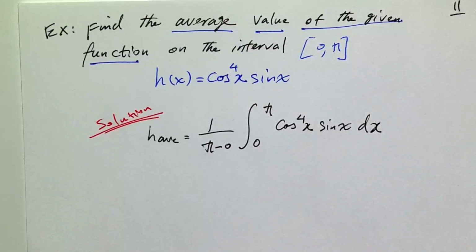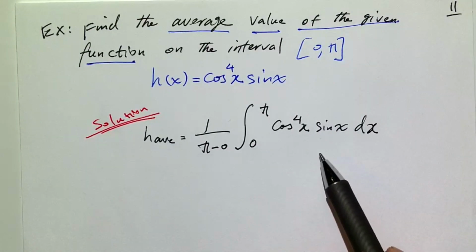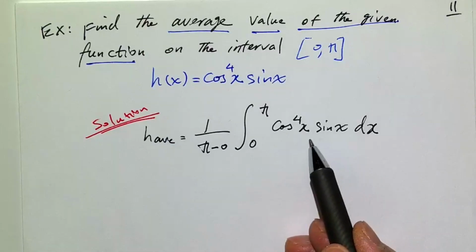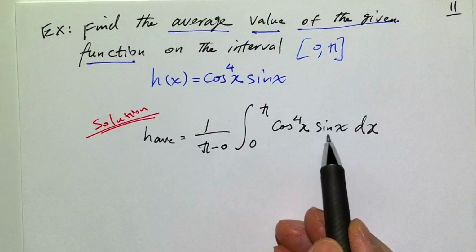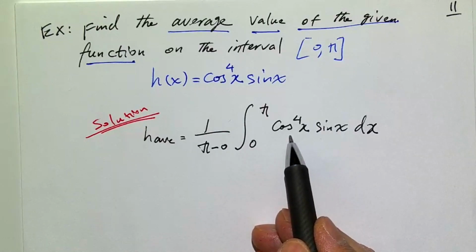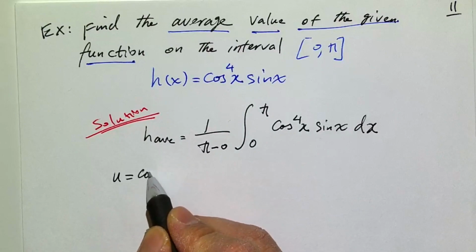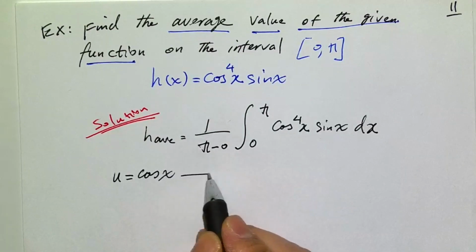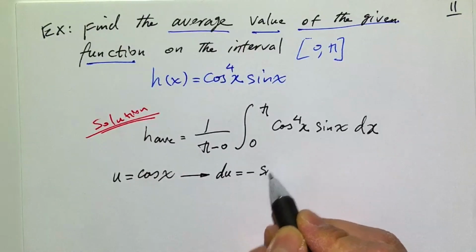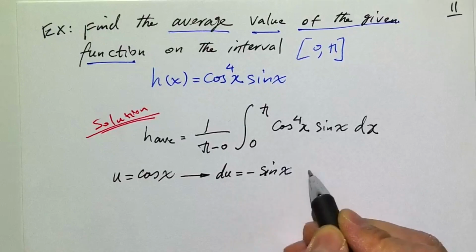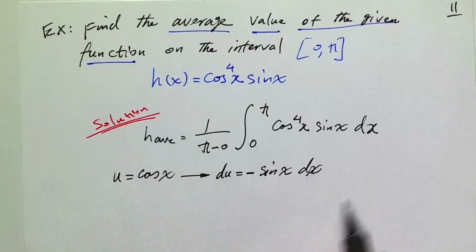Okay, that's the formula for us to use. So using the method of substitution, it's easy to see, and we've actually done an example like this before, that sine of x is the derivative of cosine of x. So let's take u as the cosine of x, and then immediately du is minus sine of x dx, right?